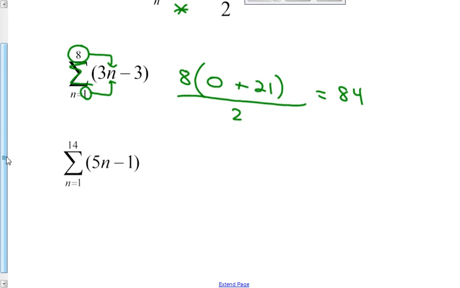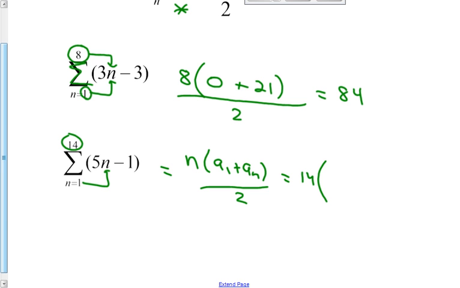Next one. The sum of the first 14 terms according to the rule 5n minus 1. N, first term, last term, whole thing divides by 2. How many terms are we adding together? 14. The value of the first term, take a 1, put it right there. 5 times 1 minus 1.